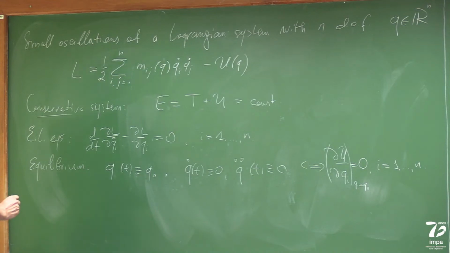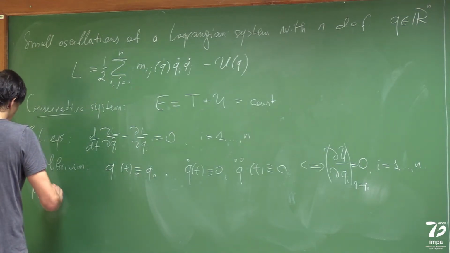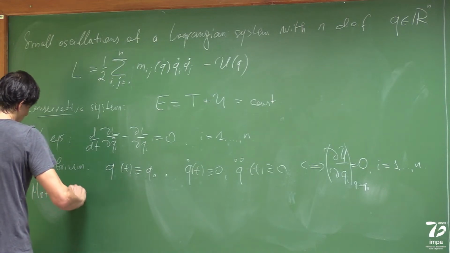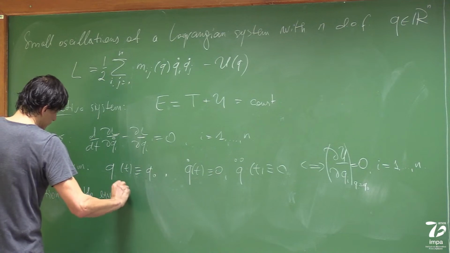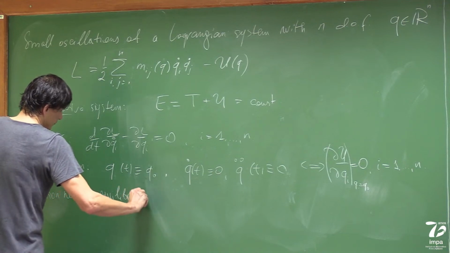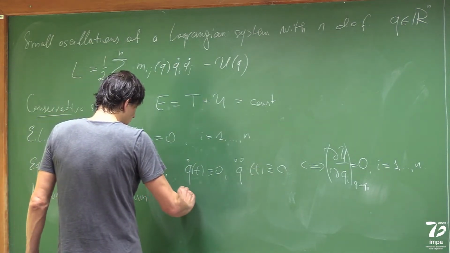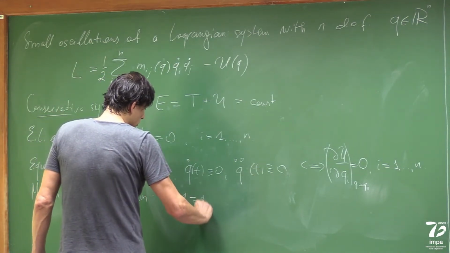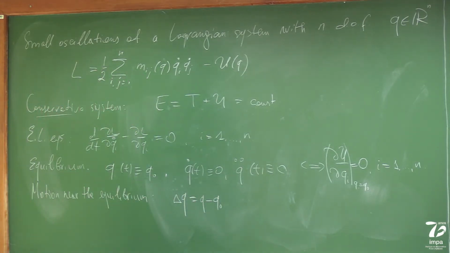So we consider a motion near the equilibrium. It means that we consider the vector dq, which is just how much we departed from the equilibrium.